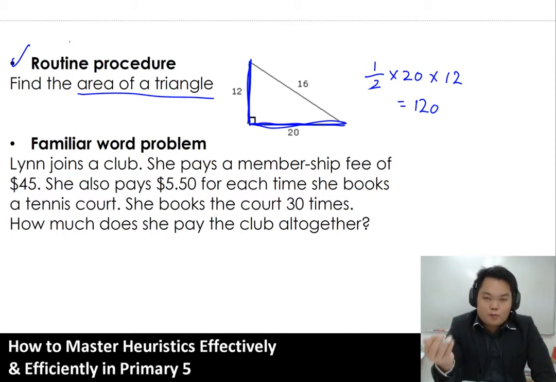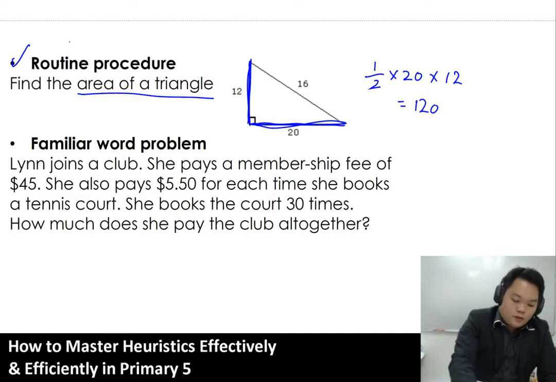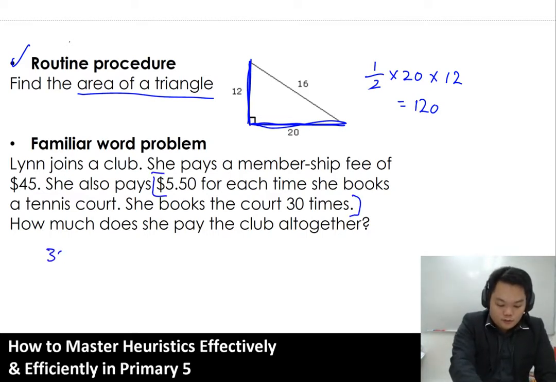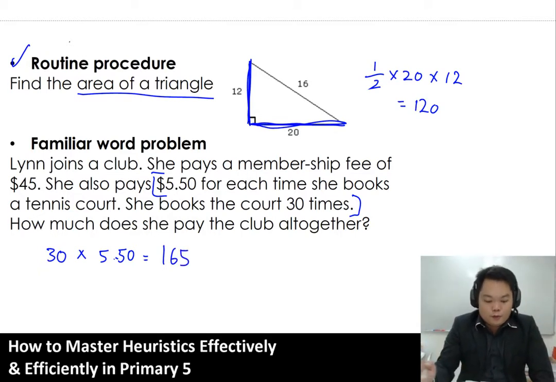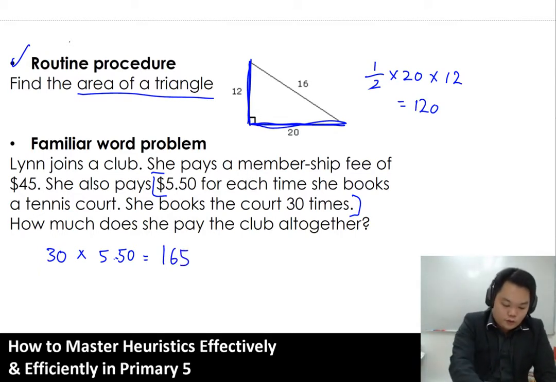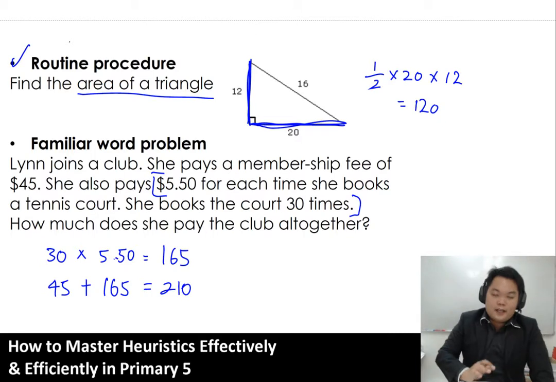How much does she need to pay the club altogether? So we link up these two statements, and we see that 30 times $5.50 means that she will need to pay $165 for booking only, and she needs to pay $45 for the membership fee. That will give you a total of 210.